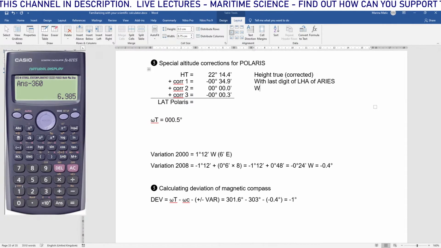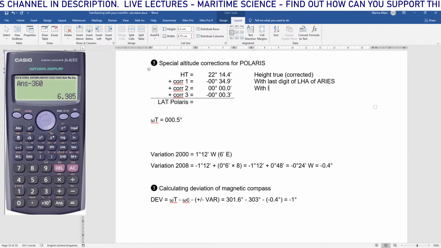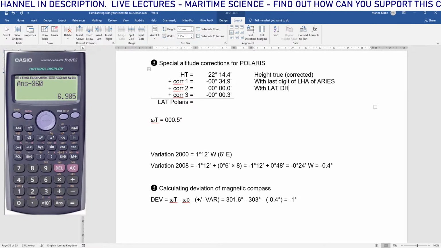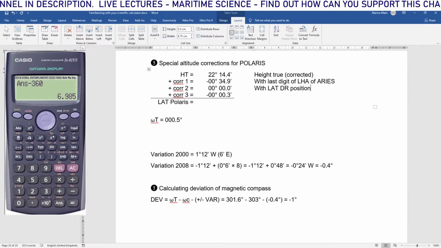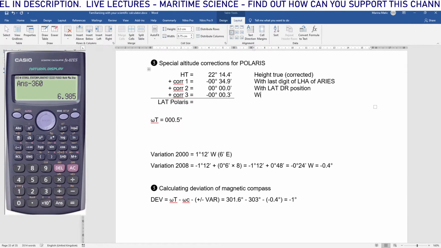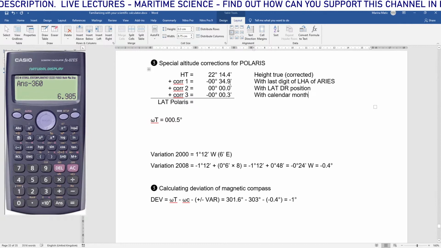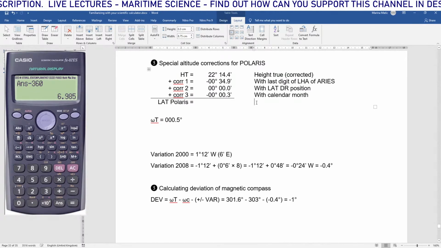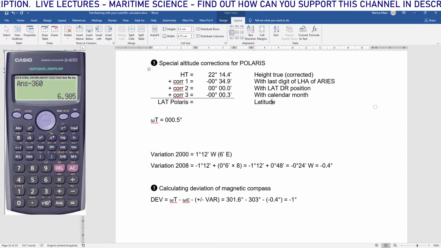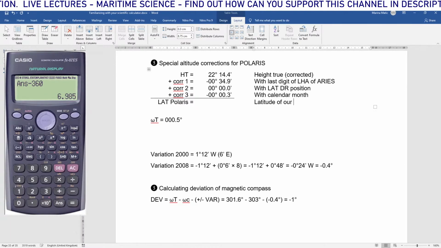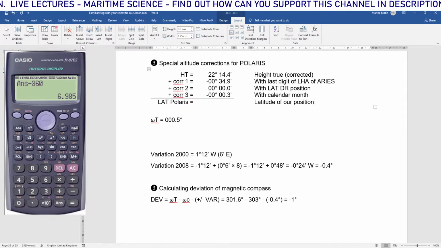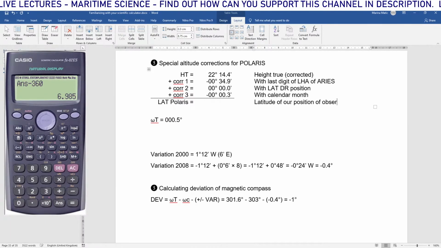This is with latitude of DR position, and this is with calendar month. That is how we obtain these three corrections. And this is latitude of our position of observation.